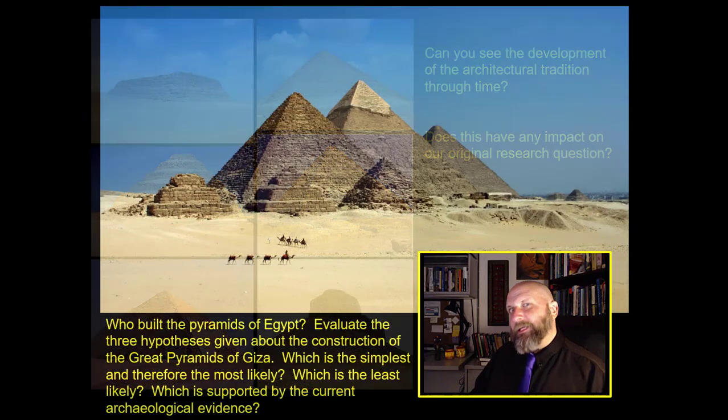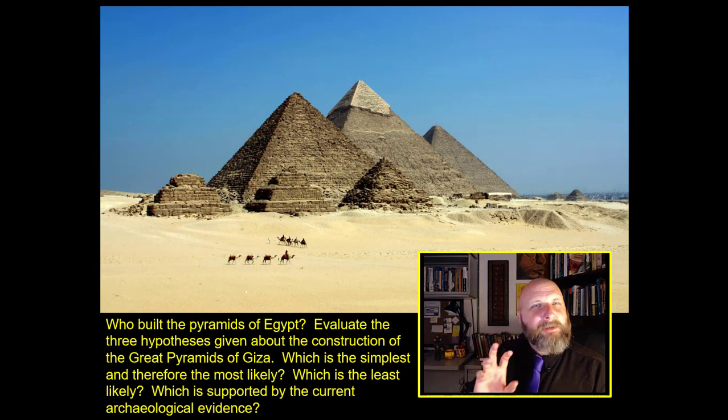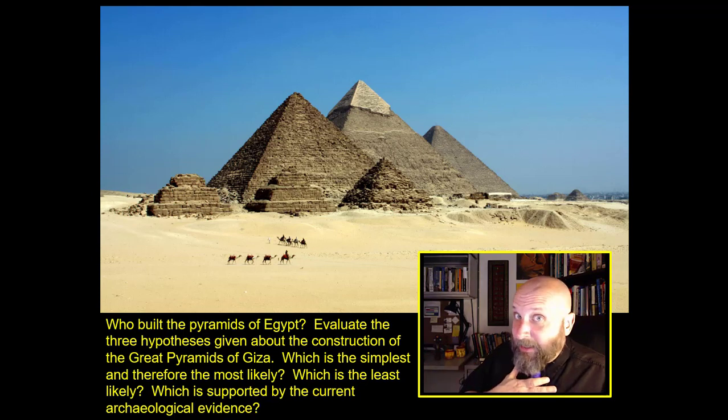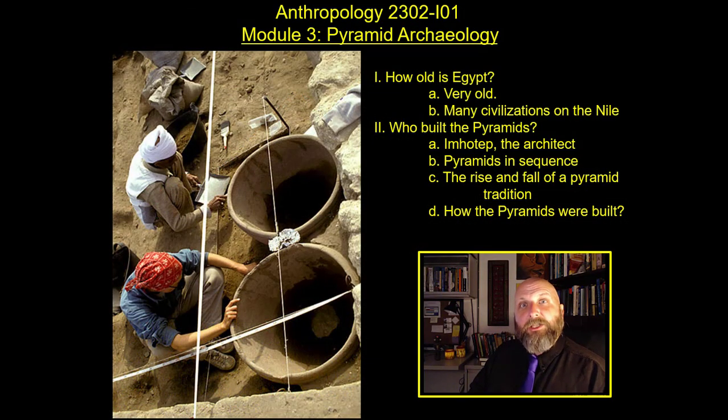Now, we're not quite done with Egypt yet, because we're going to start next talking about the actual archaeology of the pyramid workers themselves, and all of this is in service to that question right there, which I am not going to give you the answer to. You are going to come up with the answer to that question yourself. But that part of archaeology, we're going to take care of that in the next section, and I will see you there.